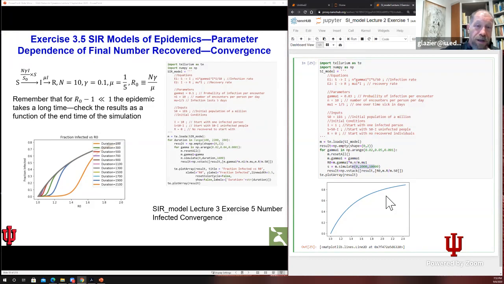Because as you bring R naught closer and closer to 1, the time it takes to converge gets longer and longer, and get steady state value runs out of energy and says, it takes too long, and I crash. And it throws an error that's not informative. So even the code that's meant to help you doesn't help you in that case, which is why I didn't show that method.